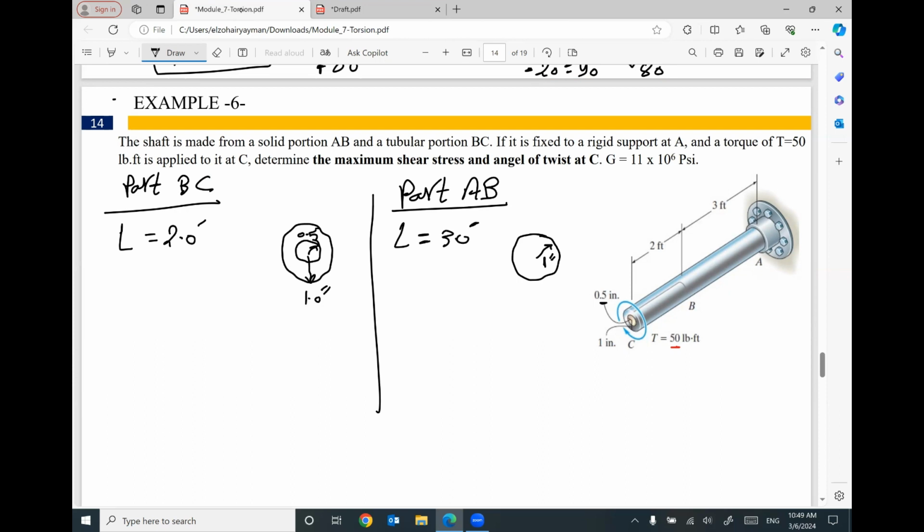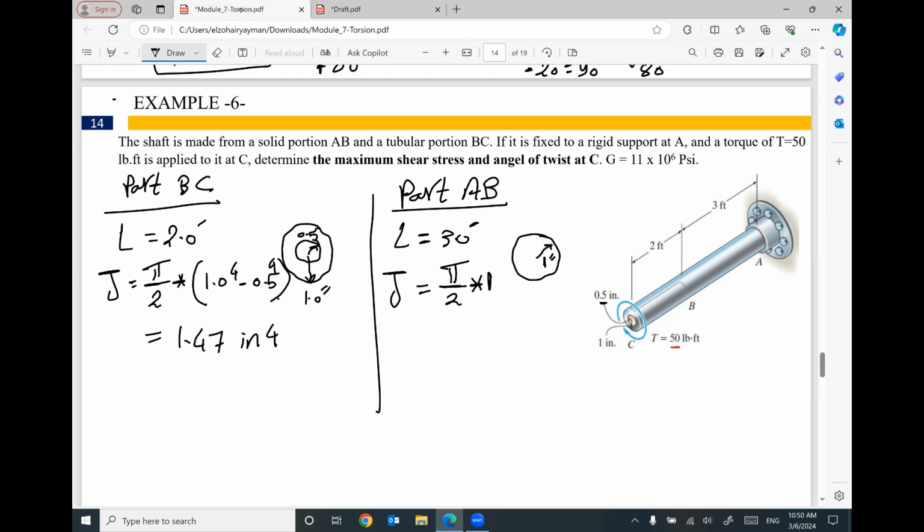So I can figure out the value of J here, equal to pi divided by 2 times the outer radius to power 4 minus the inner radius to power 4. So the value of J will be 1 minus 0.5 to power 4 times pi divided by 2. It will be 1.47 inch to power 4. The J value here will be pi divided by 2 times this radius to power 4.